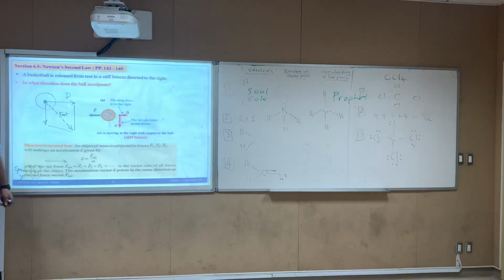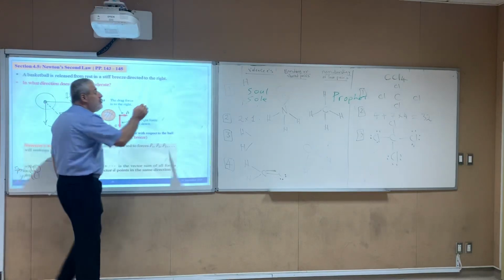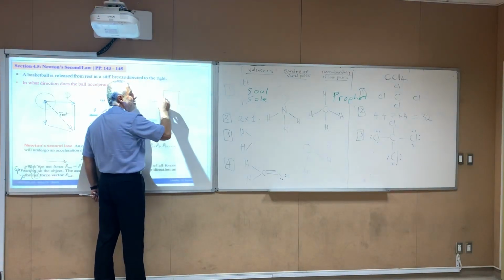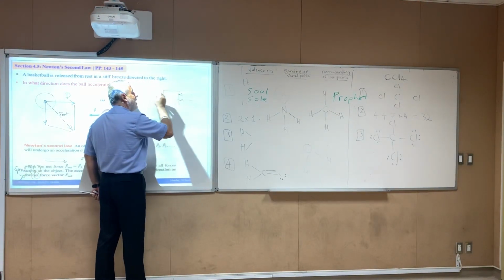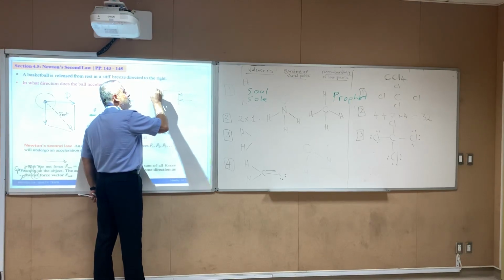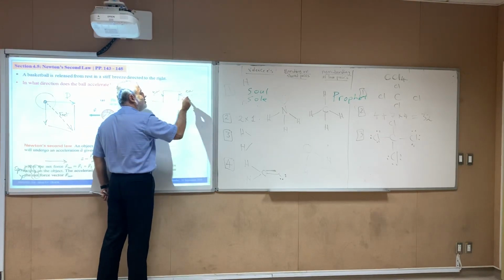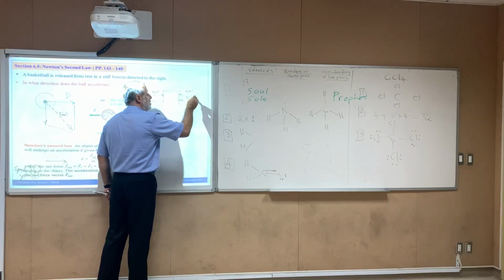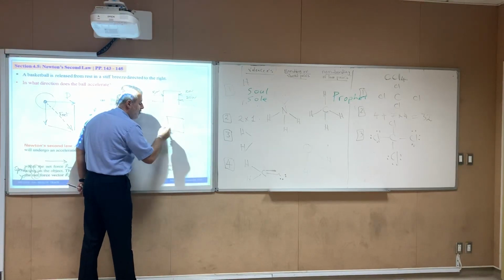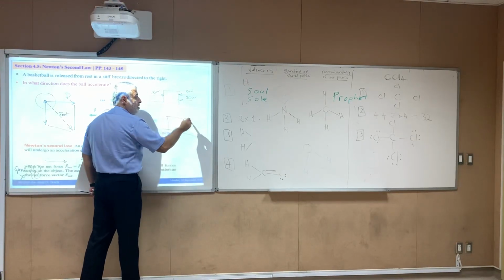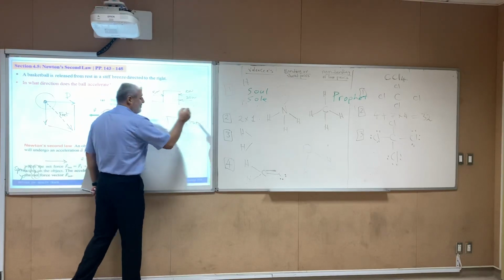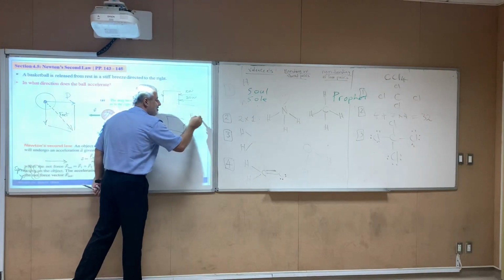In the same way, if you have an object with many forces acting on it, say this is 5 Newton, this is 10 Newton, and this is 20 Newton, you can replace them by one force, which is 25 Newton. We call it F net.